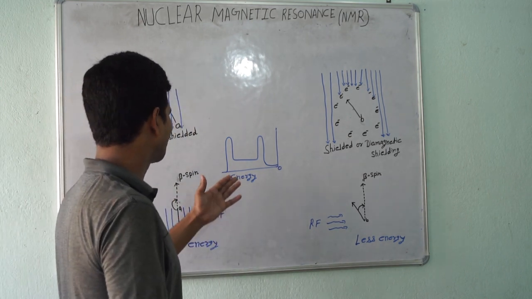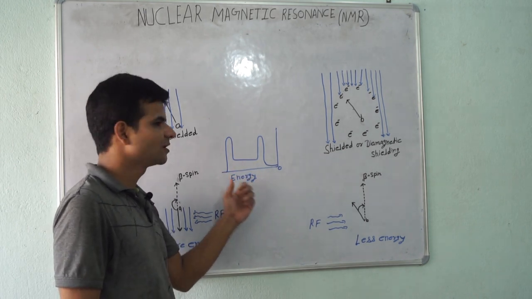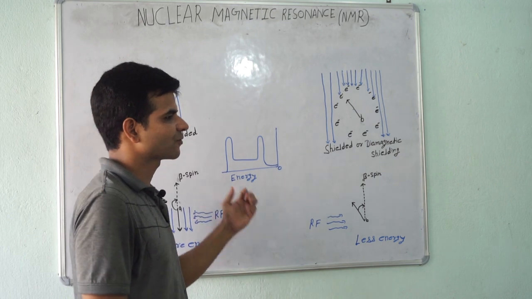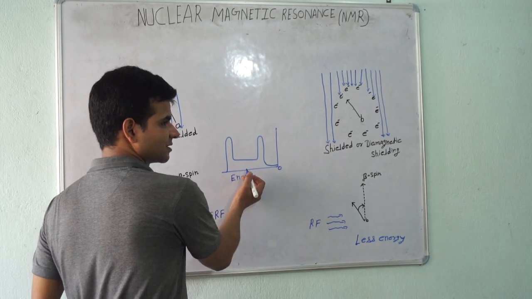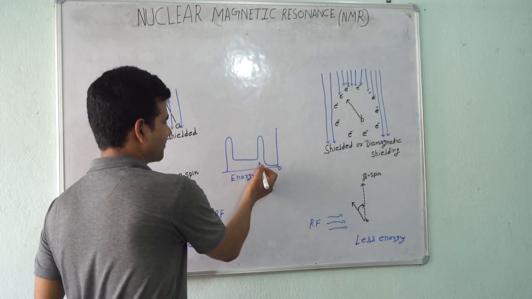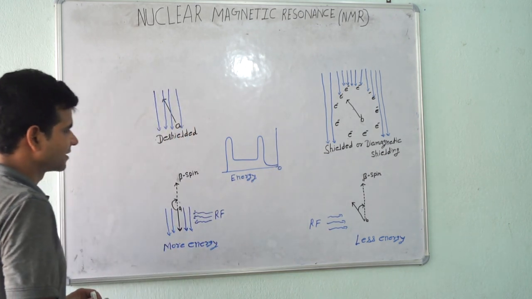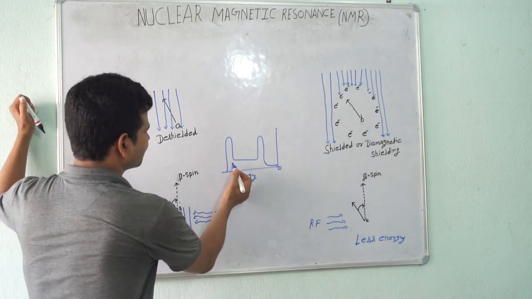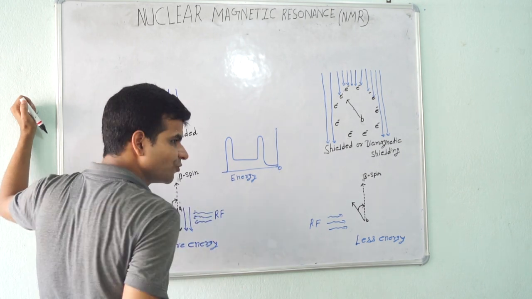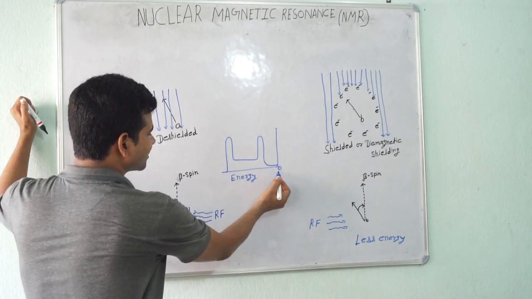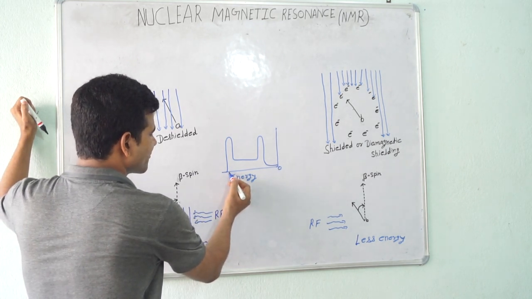What is the reason that 2 peaks have been generated on the NMR graph? Because we have 2 types of hydrogen atoms in the molecule, therefore 2 peaks or signals have been generated. Now discuss the meaning of this peak and this peak. We are seeing 2 peaks. One is close to the 0 mark, and this peak is away from the 0 mark.